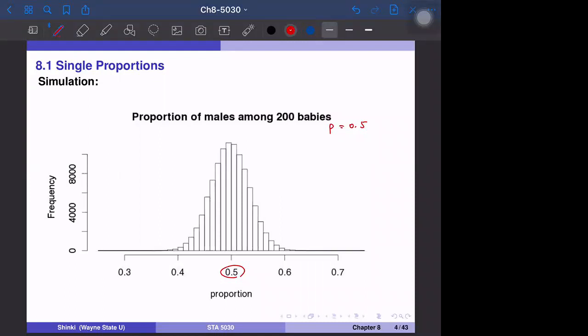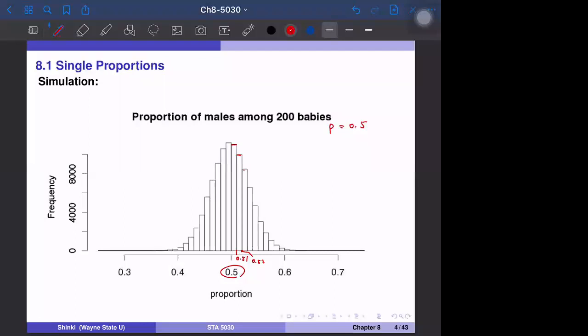So maybe out of the 100,000 times, about 10,000 times we will get the p hat proportion of male between 50% and 51%, and with a little smaller probability between 0.51 and 0.52, and so on.